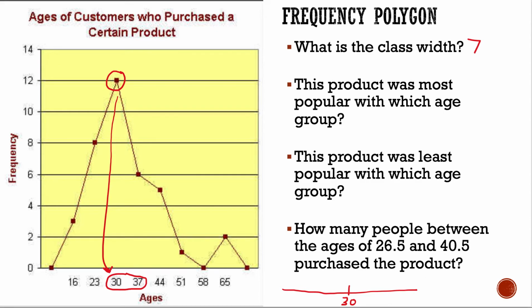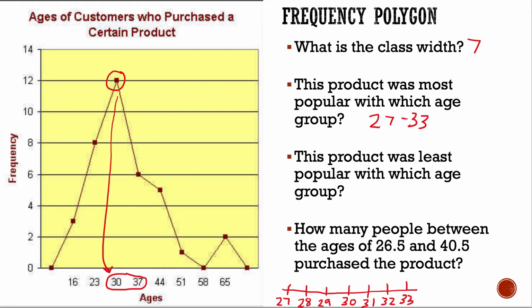I'm going to add some numbers on this number line, keeping the 30 in the middle. So 29 and 31, that's 3 values. I'm going to add another one on both sides, 32 and 28. That's 5 numbers. Remember, I need 7 for my class width. So 33 and 27. All right, so most popular with the age group from 27 to 33.